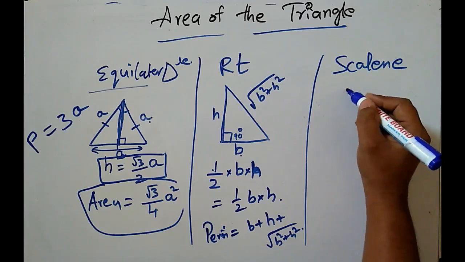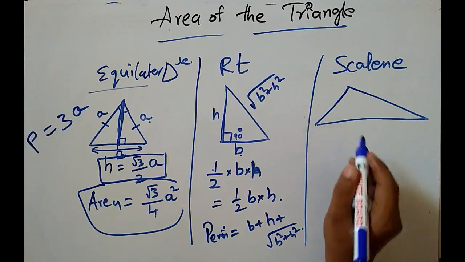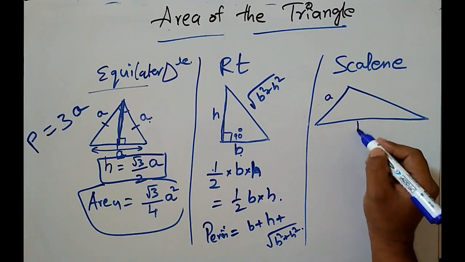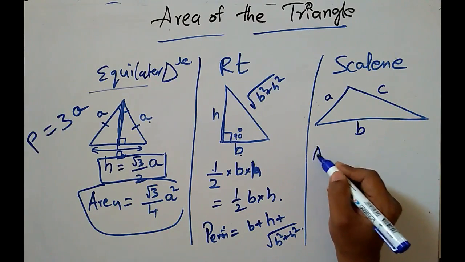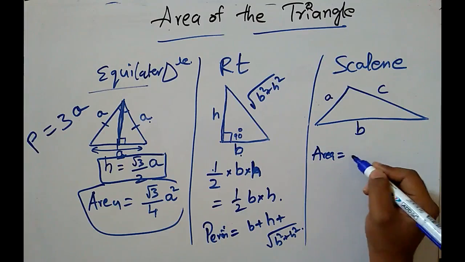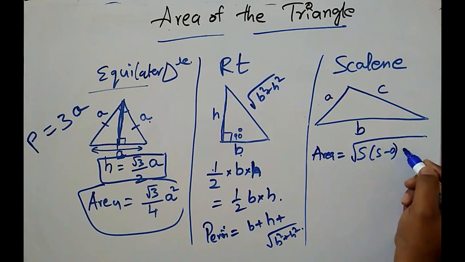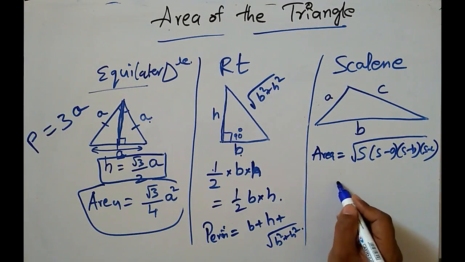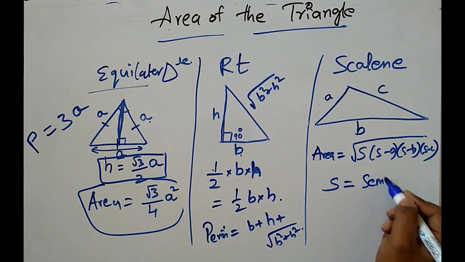In a scalene triangle, all the three sides are different from each other. If the sides of a triangle are a, b, c, then the area of the triangle is given by root of s into s minus a into s minus b into s minus c, where s is called the semi-perimeter.